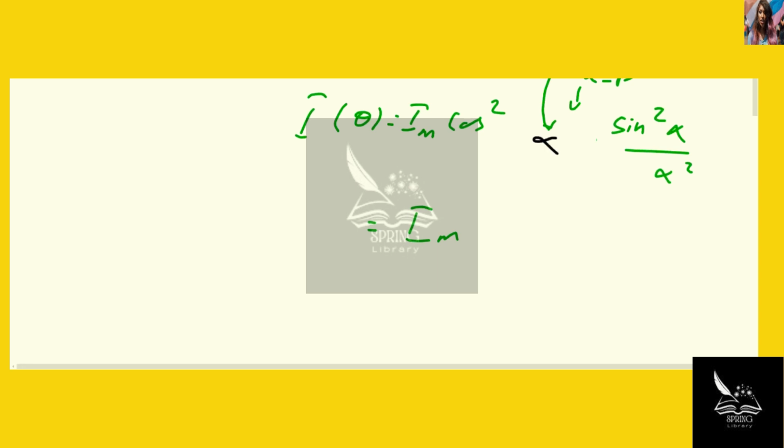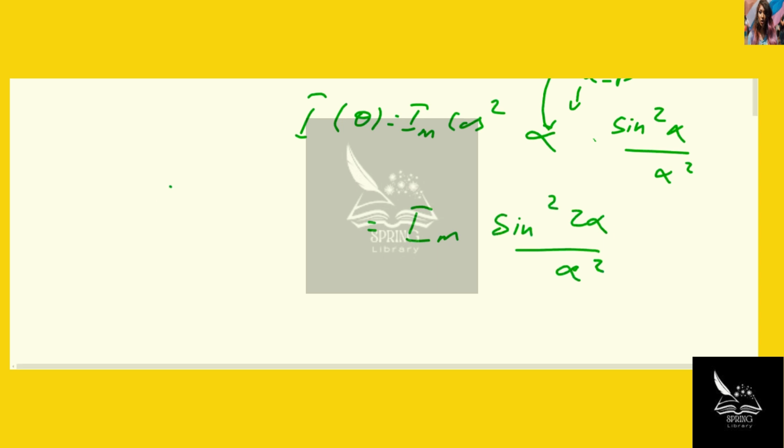This is alpha, this is alpha, this is alpha. We're doing the replacement. So Im sine squared 2 alpha all over alpha squared.